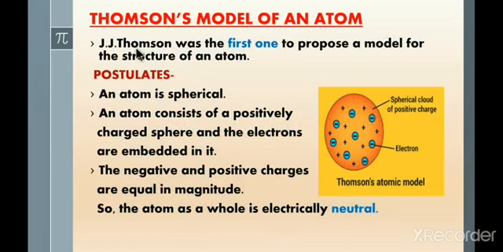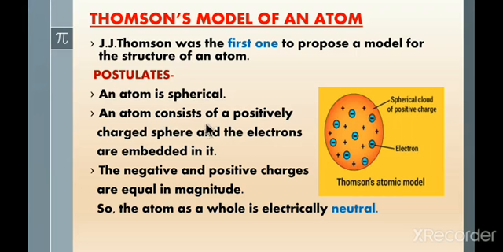J.J. Thomson, who discovered electrons, was the first one to propose a model for the structure of an atom, which is known as Thomson's model of an atom or plum pudding model. Postulates. According to him, an atom is spherical in shape.